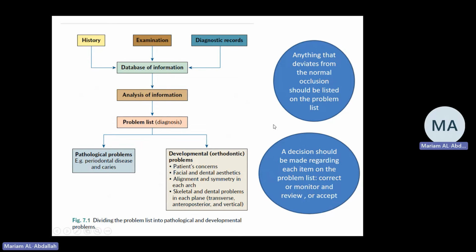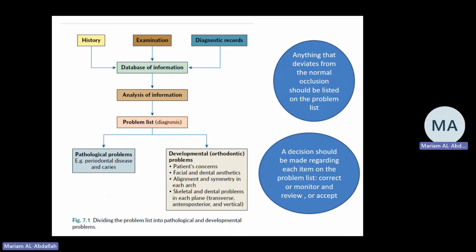And then after that, I take this problem list and I decide each problem on my list. Can I correct or should I accept because, for example, it's really mild, or because the patient is refusing surgery? Or maybe I have limited orthodontic aims related to patient's medical condition, for example, or I can monitor and review.